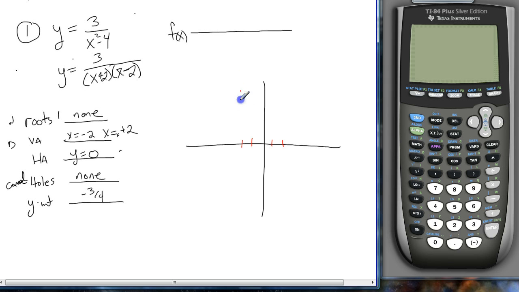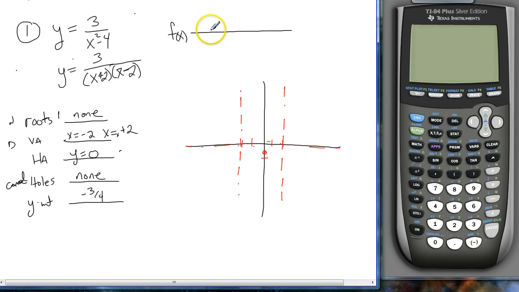I'm going to make my dotted lines for my asymptotes, and it's going to go along the x-axis also. And it's going to cross over here at -3/4. No roots. But I don't know the shape.